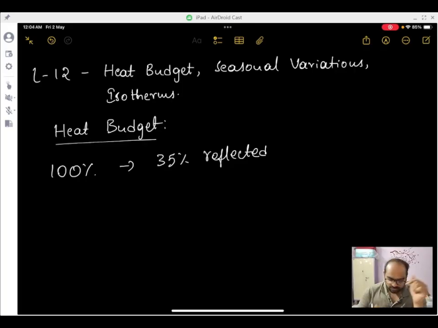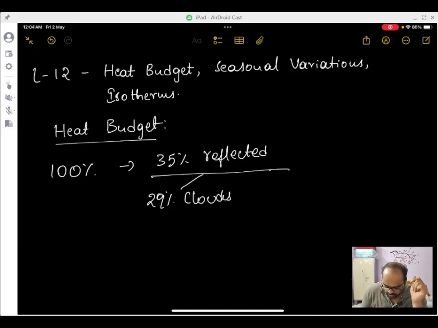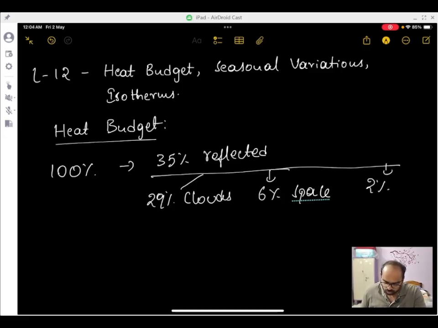And causes of this reflection are 27% by the clouds, 6% reflected directly into space itself due to various amounts of space debris, and 2% by Earth. 35% of incoming solar radiation is reflected back into space, and this reflection happens through clouds, by space debris and by the Earth itself.